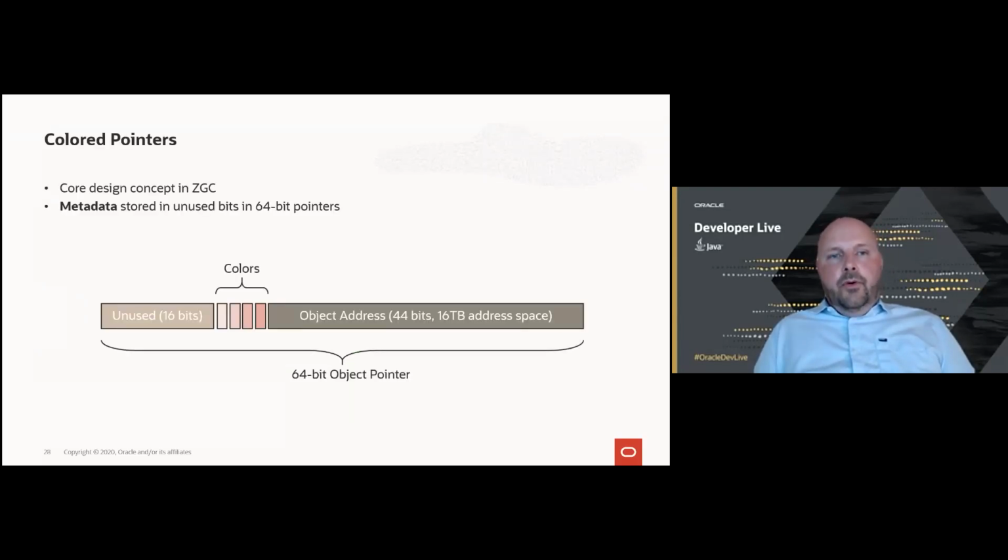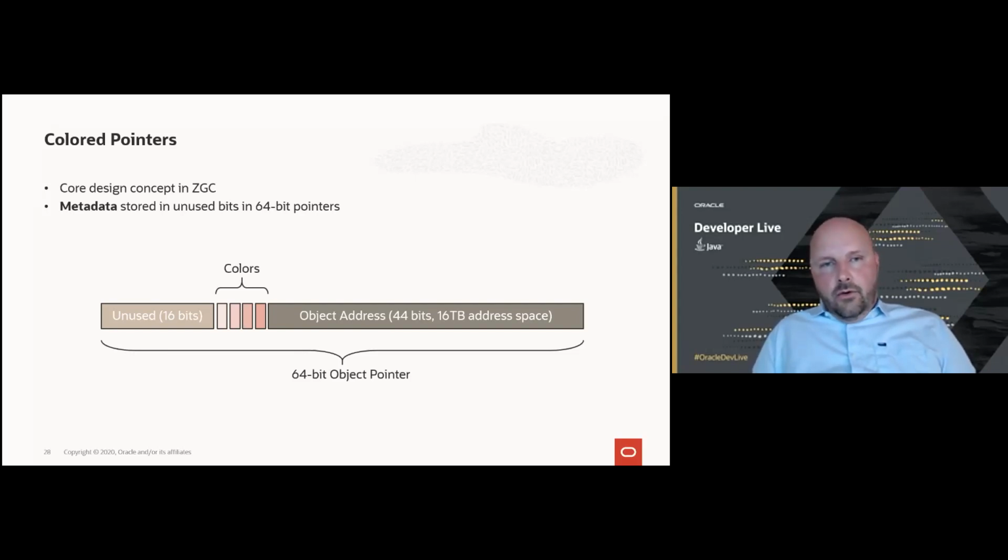So colored pointers is a core design concept in ZGC. It basically means that in 64-bit pointers, in object references in HotSpot, not all of the bits are typically used because we're not using all of the address space. So we're taking advantage of that and using some of those unused bits to store metadata.